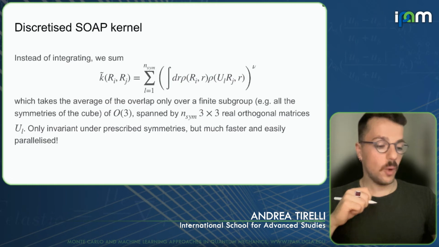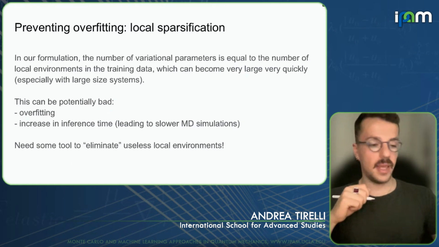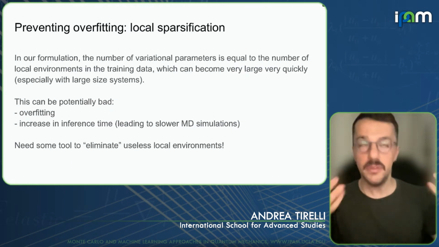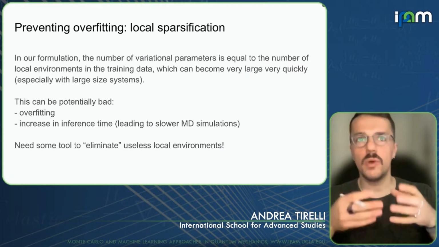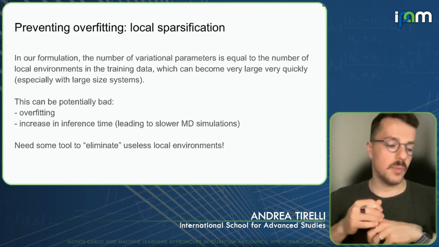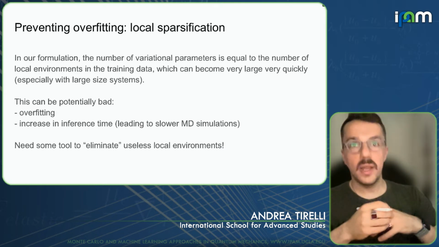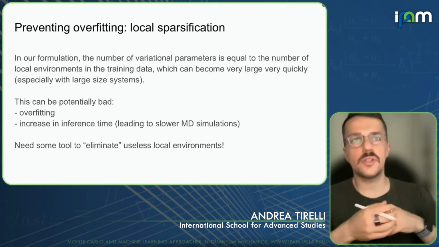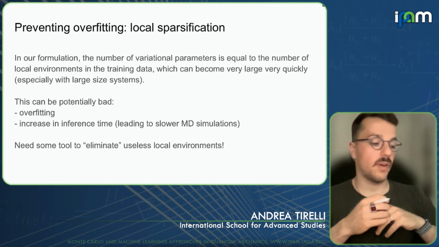And so optimizing such variational parameters and performing efficient inference, which is what we do when we use these machine learning potentials in molecular dynamics, is going to be quite difficult. Well, not difficult, but surely very, very expensive.